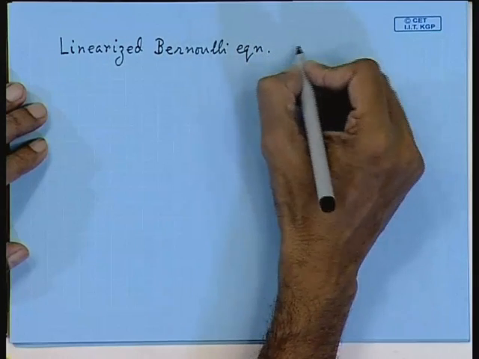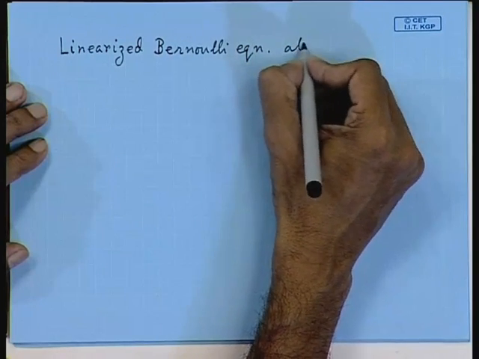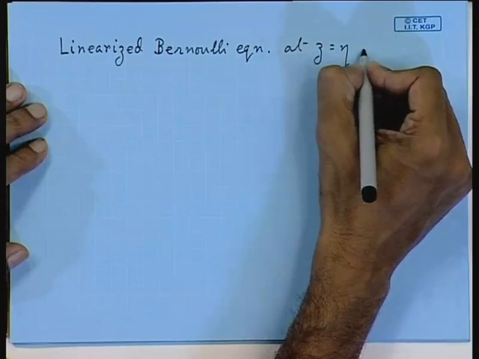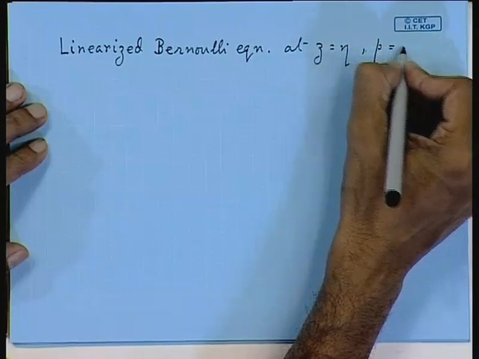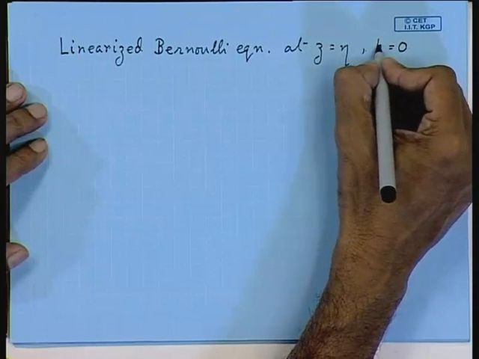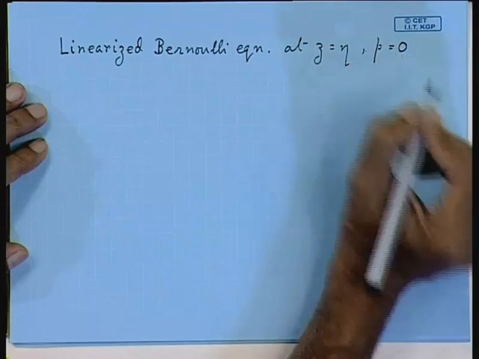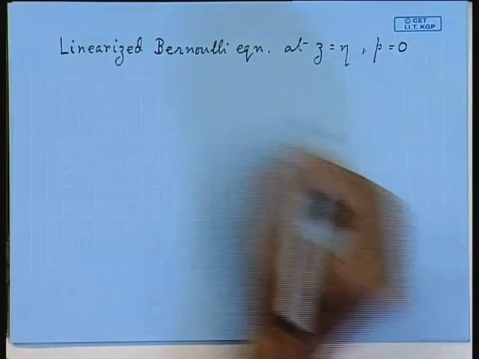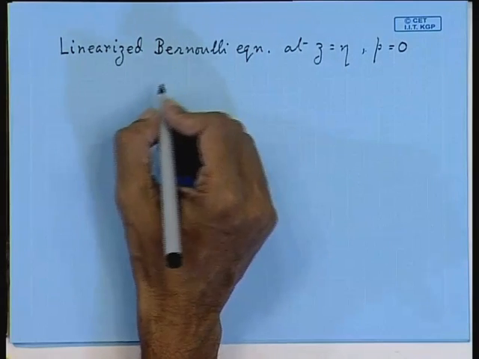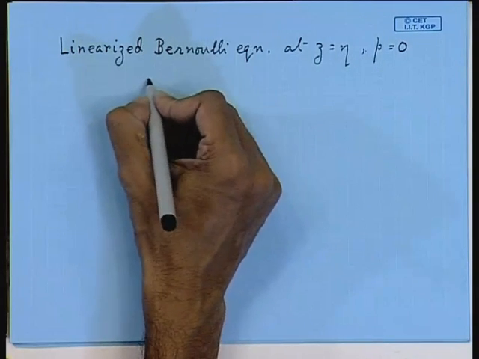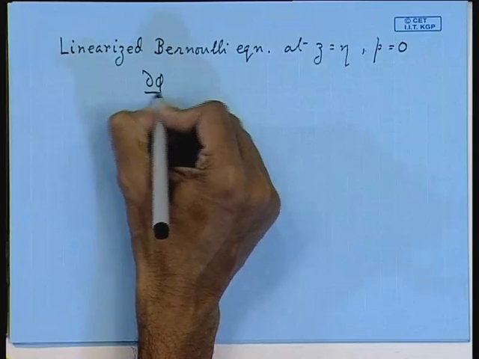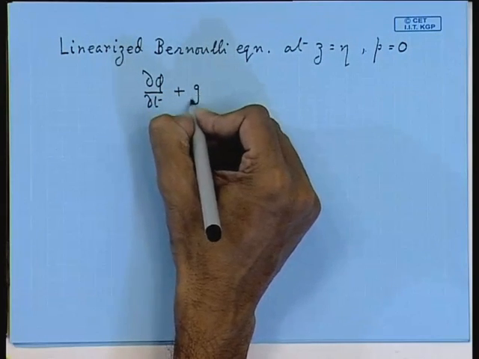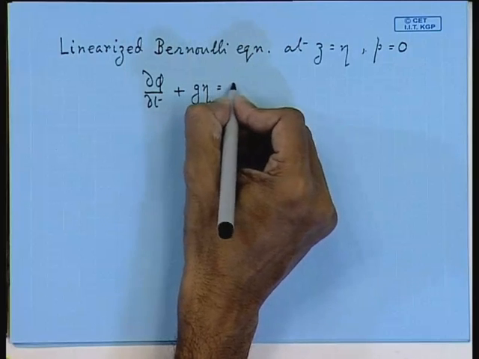Now, this will be at z equals eta and P equals 0. P is the hydrostatic pressure, so obviously at the surface P will be equal to 0. Now, if you give P equal to 0 in this expression, you will get del phi over del t plus g into eta equals 0.